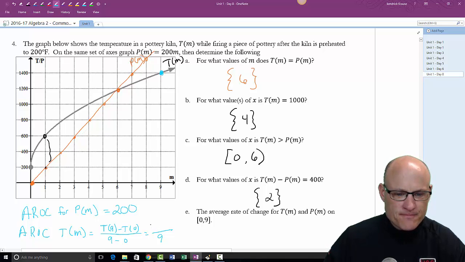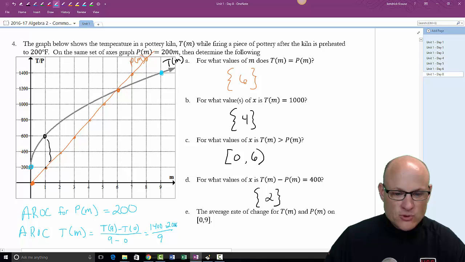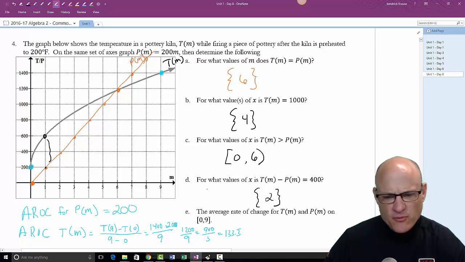That's 1400, minus T of 0, 200. So that's 1200 over 9, which I know reduces to 400 over 3, which is really 133.3 repeating. 400 over 3 would be fine. So there's your average rate of change.